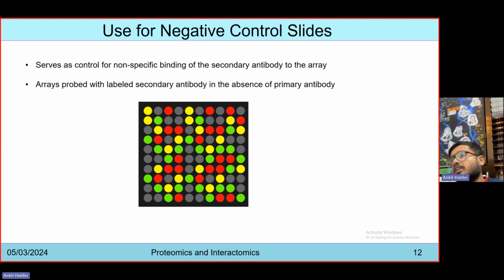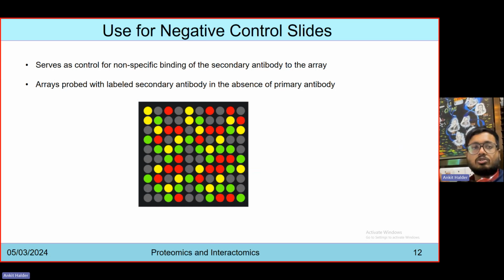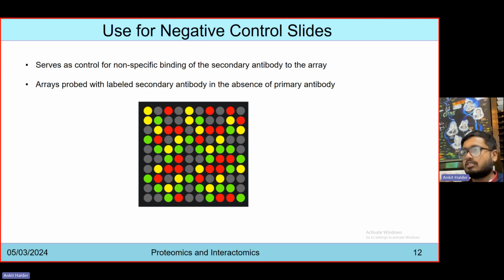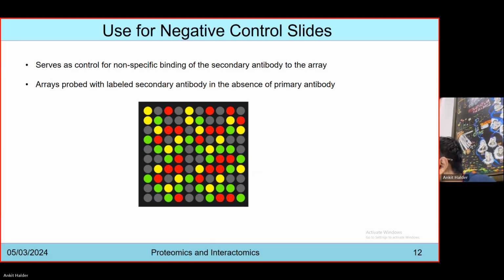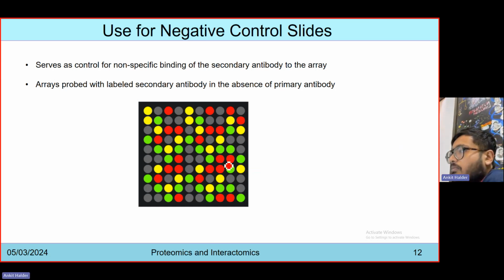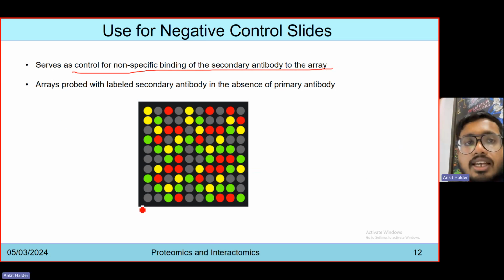Now, an important concept is to have negative control slides. So what is a negative control? Negative control is for the non-specific binding of the secondary antibody to the array.